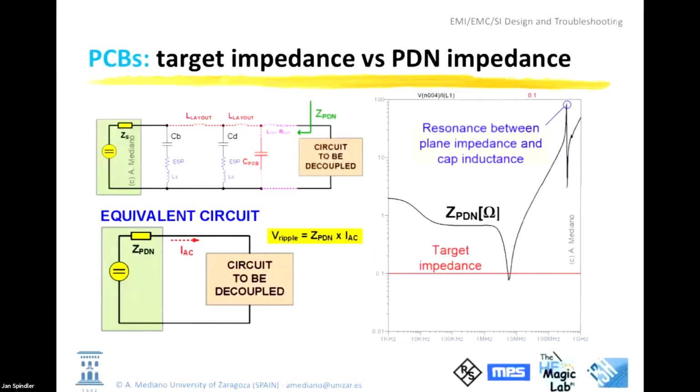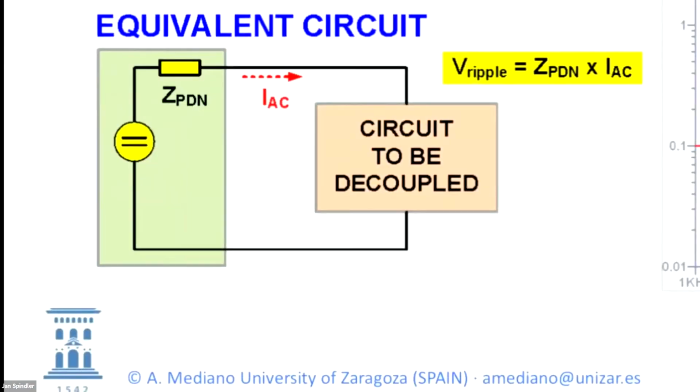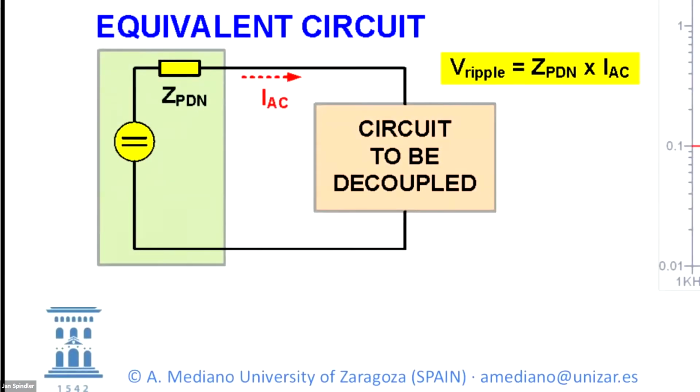Okay, so considering this idea, we have the possibility to introduce more than one capacitor. And how is the idea? This is what we want. If you have a circuit that needs to be decoupled, when you have transients at some frequency range, the idea is that from the theoretical Thevenin equivalent of the power supply, the output impedance, this is the impedance of the power decoupling network or the power distribution network, you can call as you prefer.